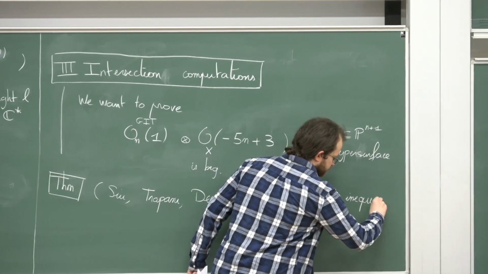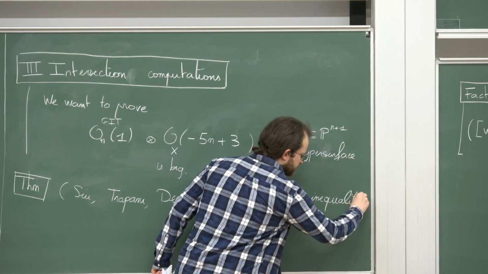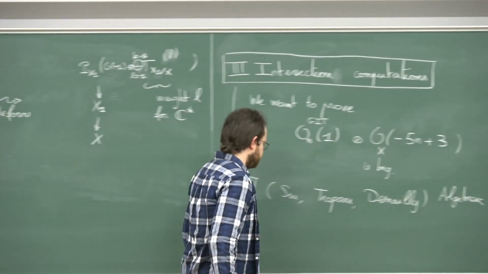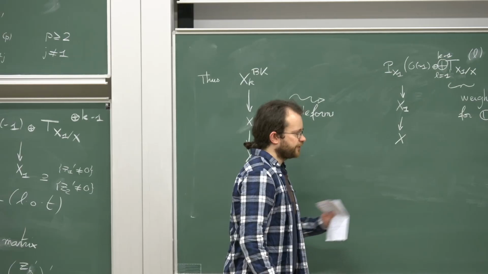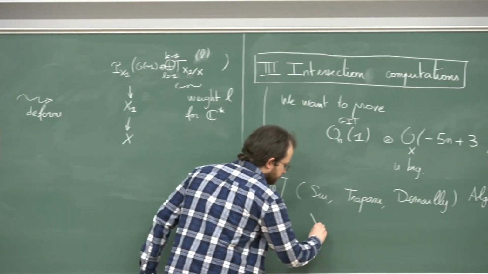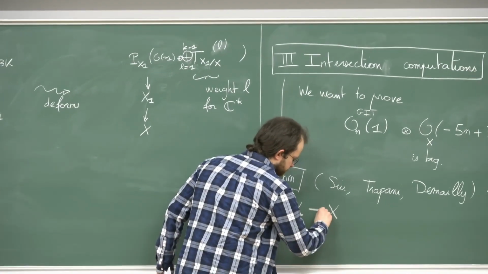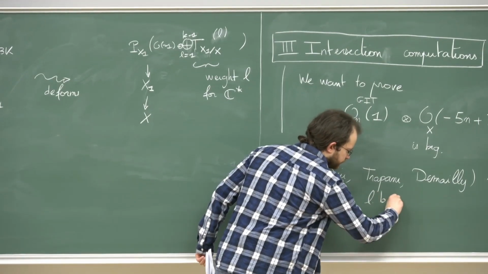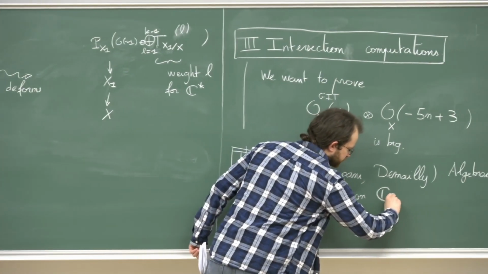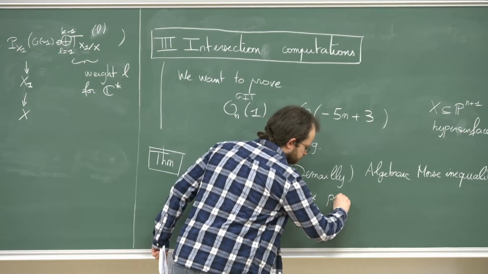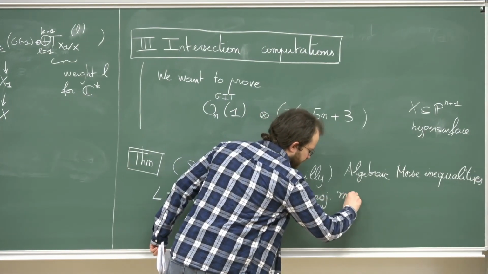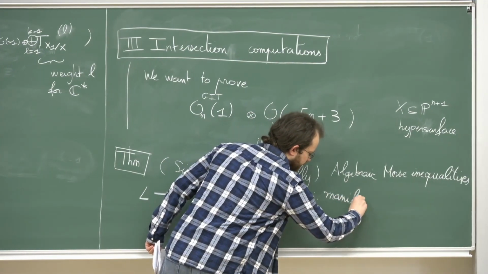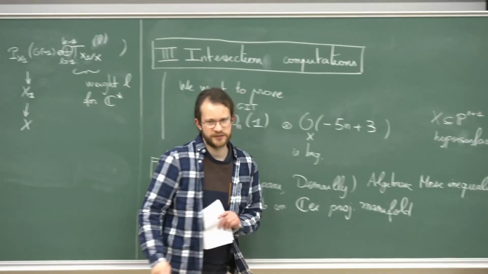Well, what does this theorem say? Well, pick a complex projective manifold, X, and a line bundle on it. The goal of the theorem is to prove that L is big, and it gives a criterion for it.